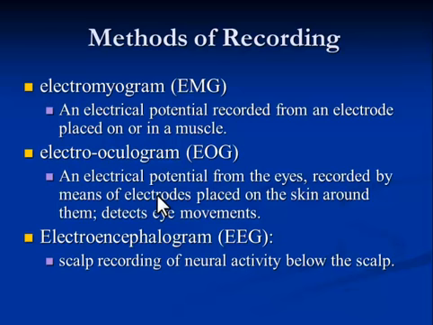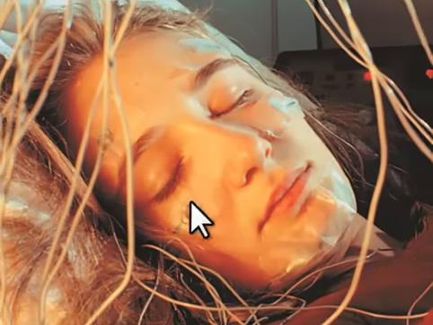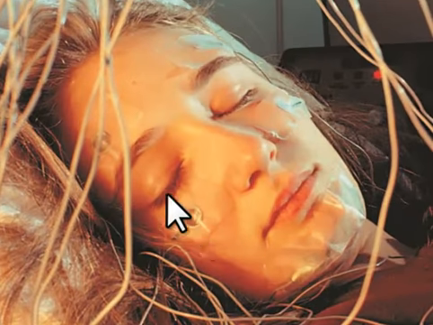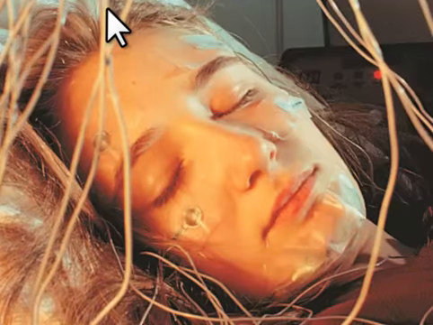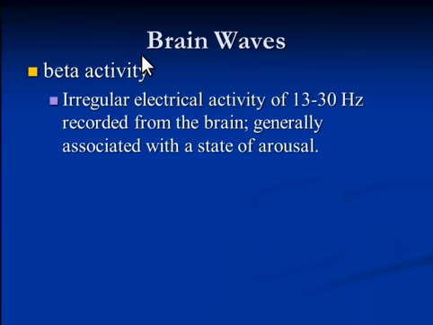And we're going to talk about EEG here in just a bit. So here is somebody, you can see that EOG top and bottom here, EOG top and bottom here. We might also have electrodes hooked up on top here for EEG. So let's look at these brain waves or brain activity, different activity.